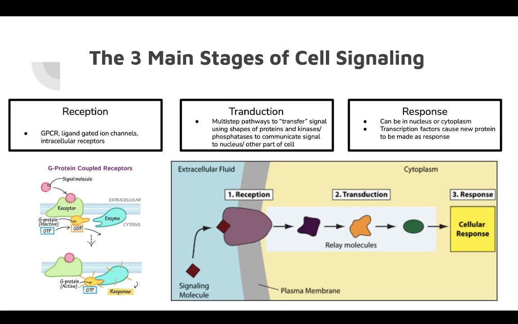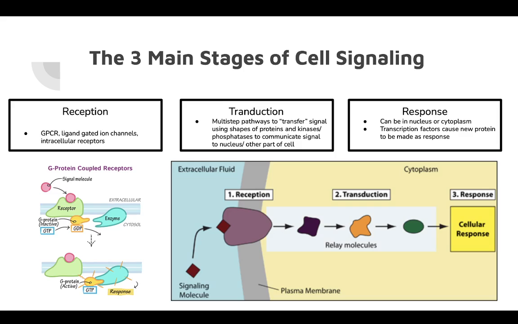As we can see in this diagram, there is the reception, which is with the signaling molecules and GPCR or ligand-gated ion channels, etc. It then gets transduced by changing the shapes of proteins based on each protein interacting with another protein. And then that quote-unquote signal can be responded to in the nucleus or the cytoplasm.